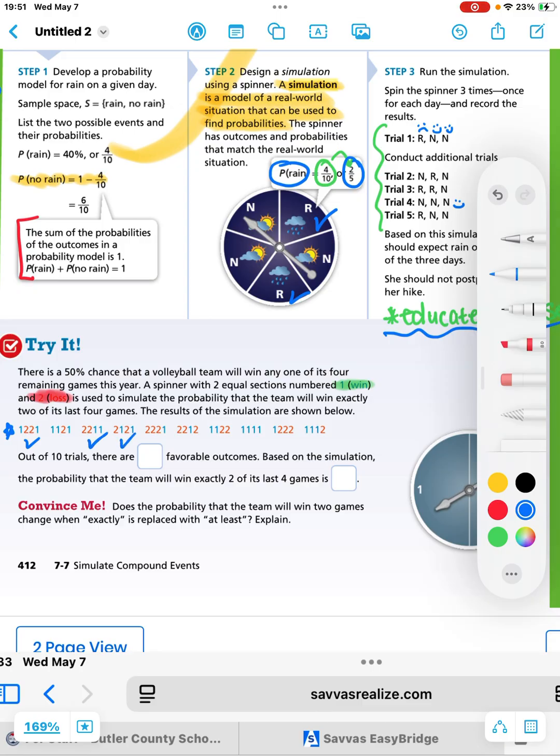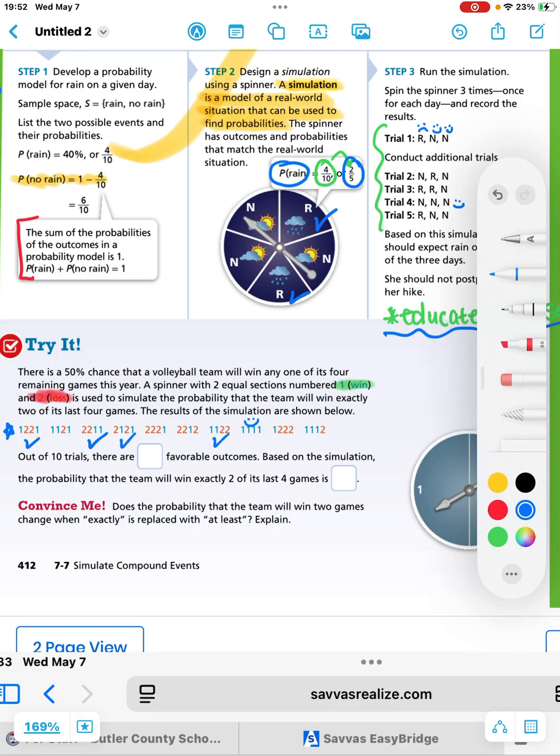Fourth one, 2 losses, 2 wins. Fifth one, it's 3 losses and 1 win, which is not great. Sixth one, 3 losses, 1 win. We have another 2 win, 2 loss. This one's great. We love whenever we all win, but it's not what we're looking for. The next one, 1 loss, 3 wins.